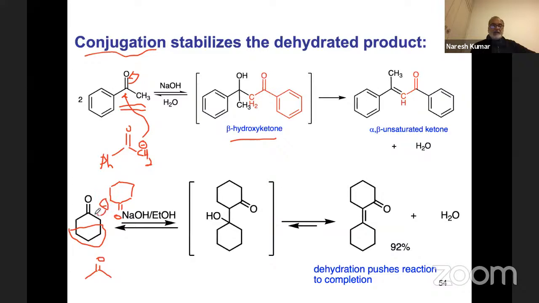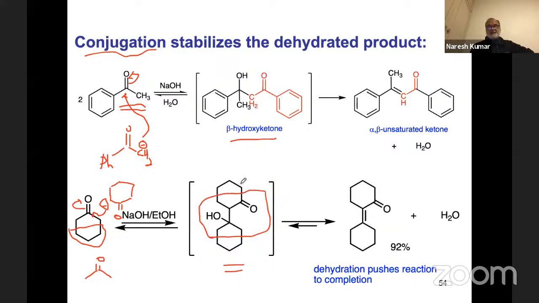And then this can attack that carbonyl over here, and this can move over here. The end result of that attack is the formation of this particular intermediate. You can see that this intermediate is again a hydroxy ketone, and again this is the part of the molecule that is important.